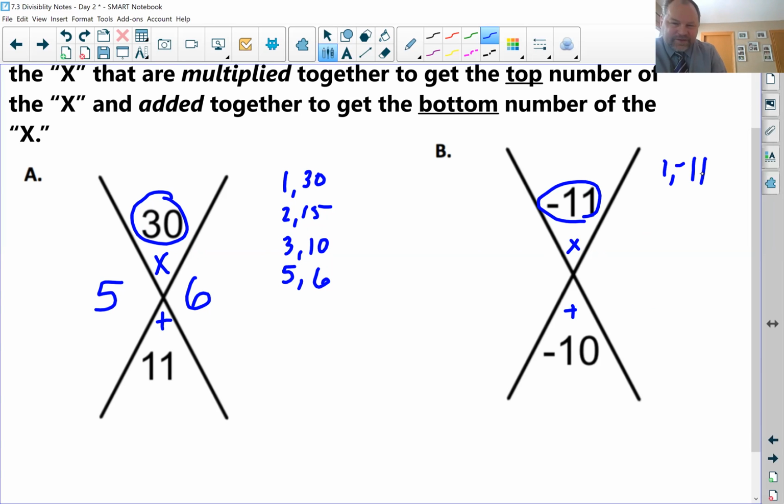And if I add them together, I do get negative 10. So it's kind of nice, a good review of factors of numbers, kind of an interesting way to organize those factors.